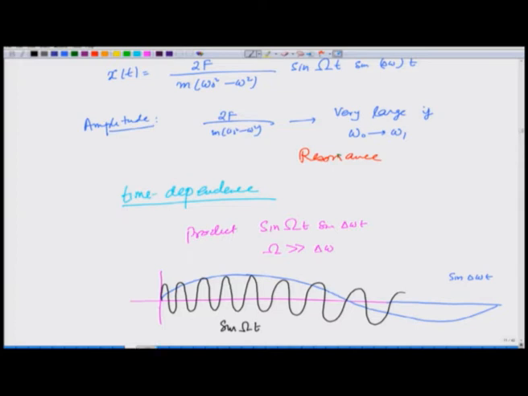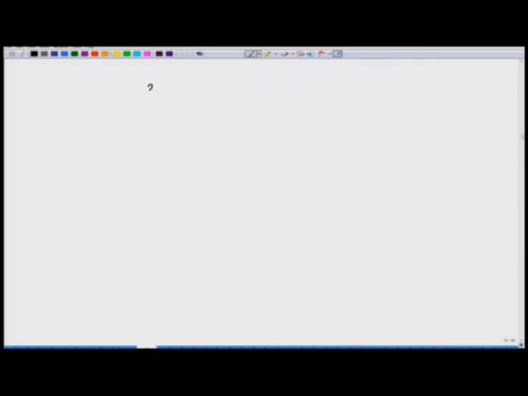Therefore, if I represent x t on a graph with time, let me make that blue one with dotted lines now, it is going to be oscillating like this.